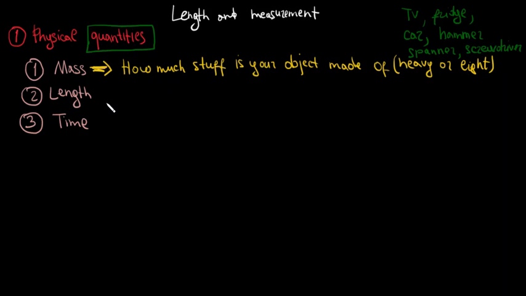Okay, then about length. What does length mean? Length simply explains how far away something is, how far away the points are from each other, or how much distance there is between them.